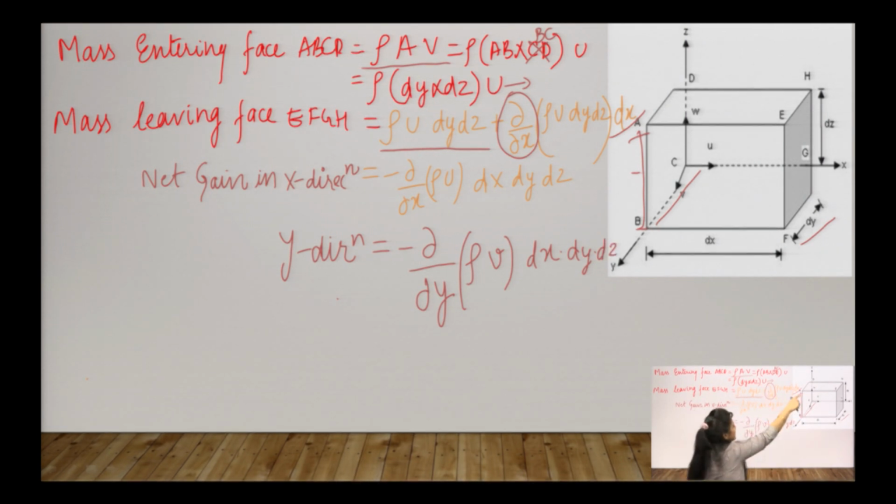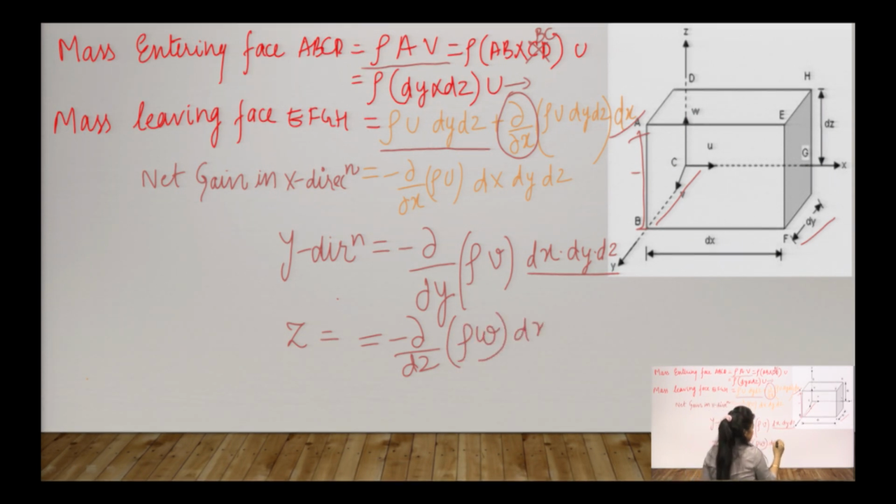Reason being, if AD, HE you are taking, then area will be AD, that is dy, into dH, that is dx, with respect to another direction, then all these three components will be there. Similarly for z direction, it will be minus of del z of rho, then velocity component will be w, again dx, dy and dz.